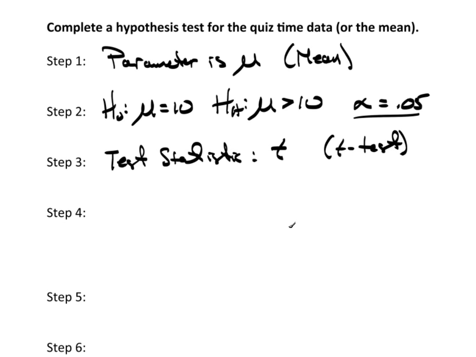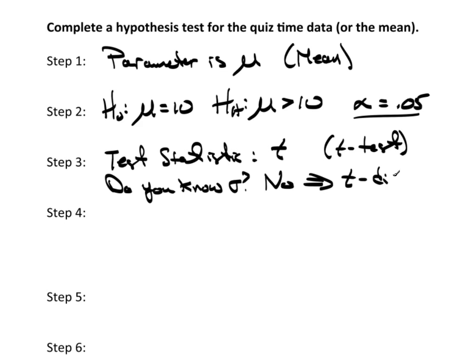We can't use a z-test because if you take a look at the assumptions, it's the same set of assumptions, or guidelines, that we looked at before when we talked about confidence intervals. Do you know sigma? And the answer is no. So that tells you to look at a t-distribution. If we knew sigma, then we would be considering a z.